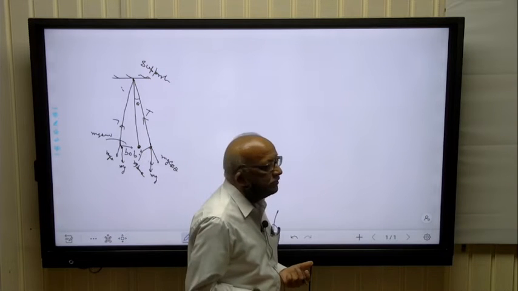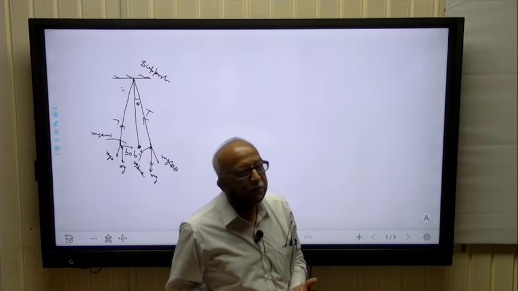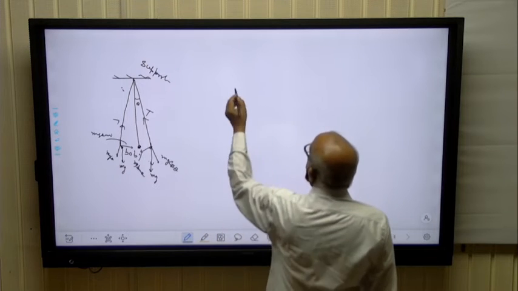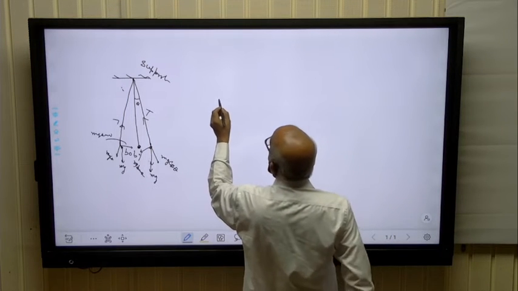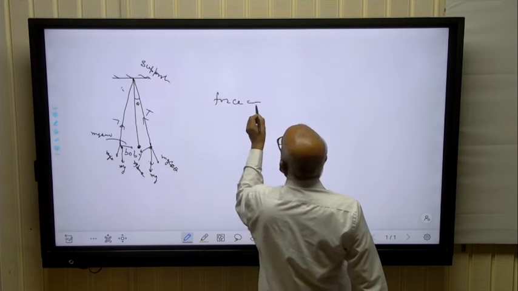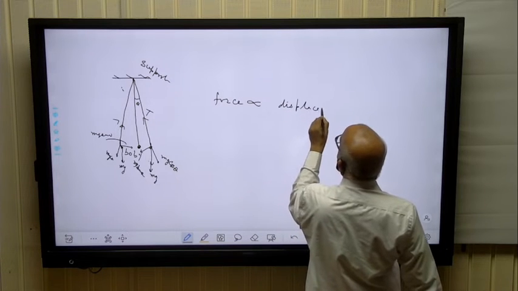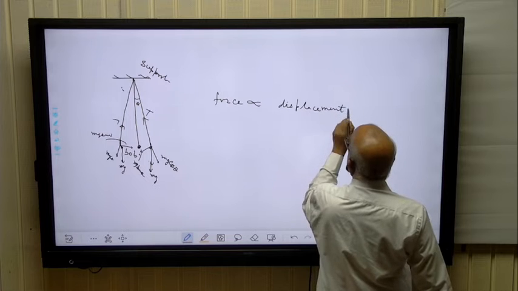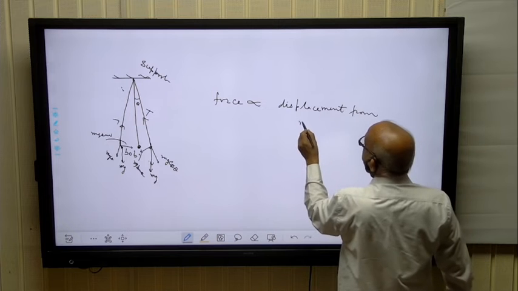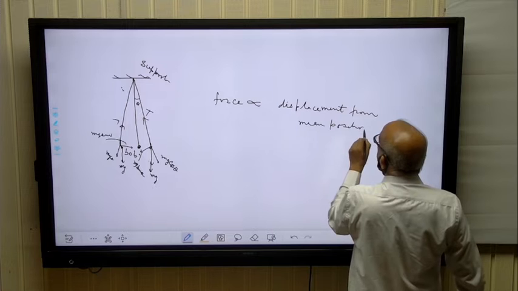Now, we come to discuss the equation of motion of simple harmonic motion. So, the force is proportional to displacement from mean position.